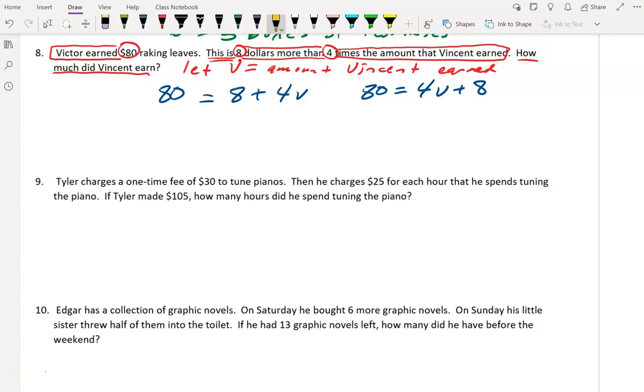First things first, we're going to undo the addition of 8 by subtracting 8 from both sides. And when we do that, we get 4V on this side, and 80 minus 8 is 72.